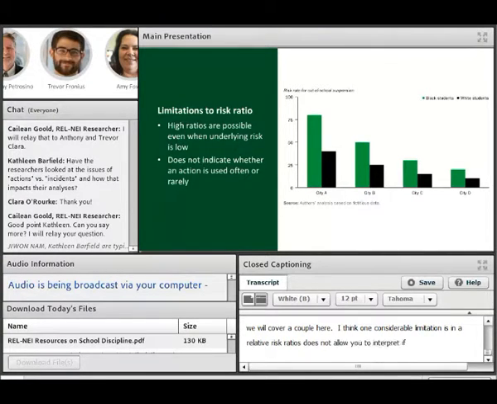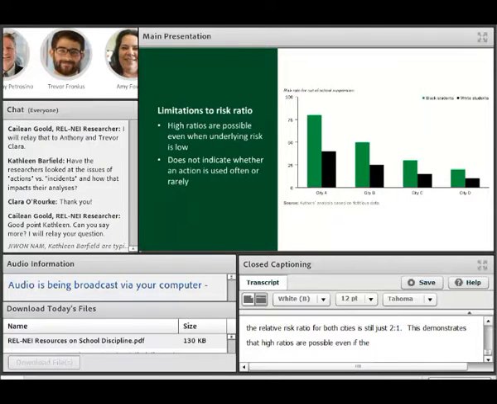So the example that we provide in the slide here shows four cities or districts, and it's quite clear that City A uses exclusionary discipline much more frequently than City D, and yet the relative risk ratio for both cities is still just 2-to-1. This demonstrates that high ratios are possible even if the underlying risk is low.